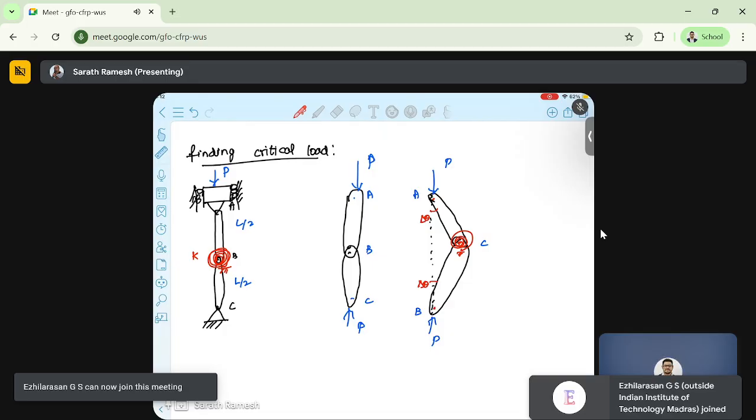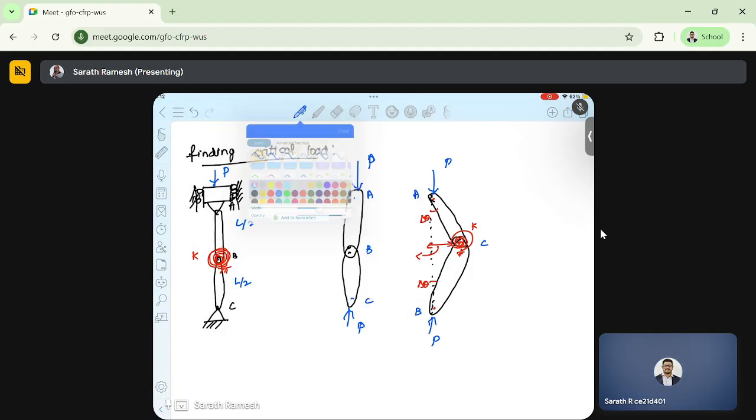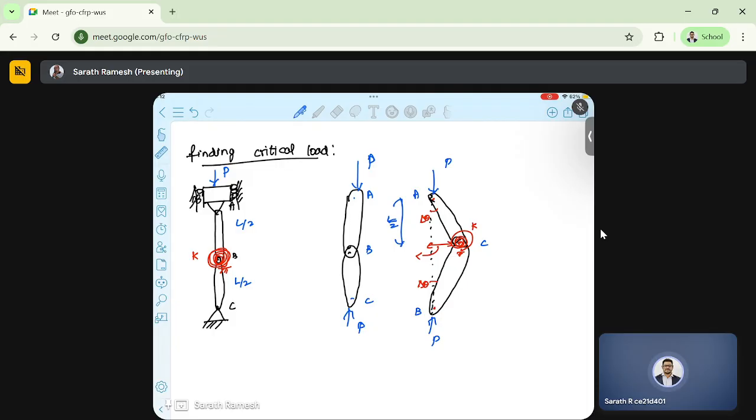If this is delta theta, this distance is L by 2, so the displacement will be L by 2 times delta theta.